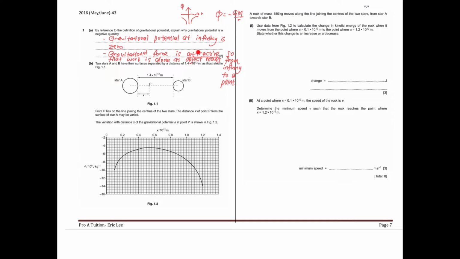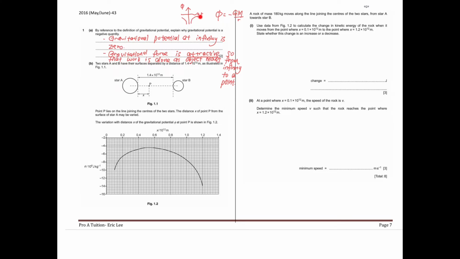The first thing is attractive. Attractive means it has to be negative for the formula, or in terms of graph, it has to go down, because like what I said, it goes down means that the attractive force is getting stronger and stronger.